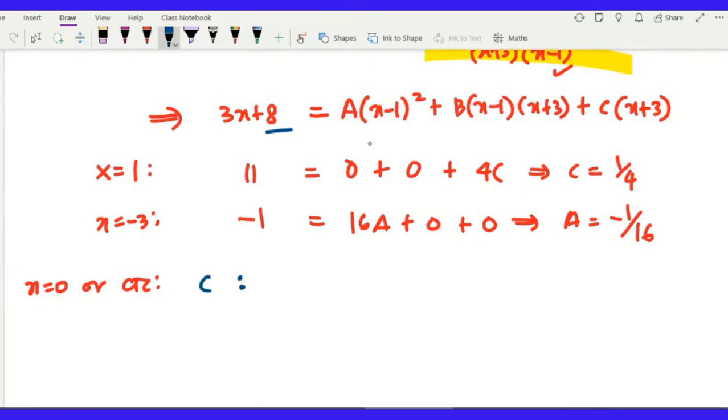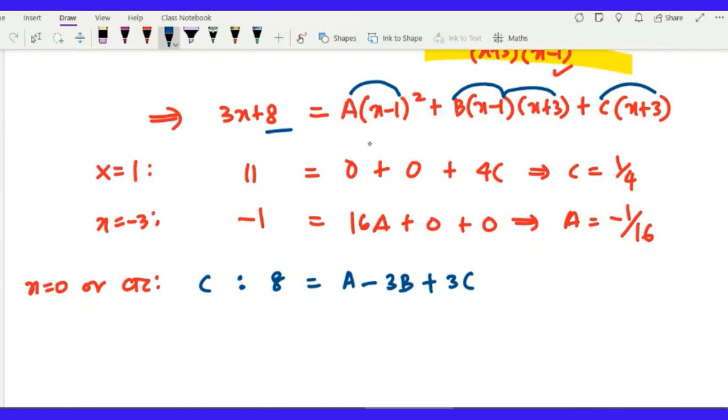So constant 8. Sebelah kanan nak dapat constant: A times negative 1 times 3, negative 3B plus 3B then 3C.